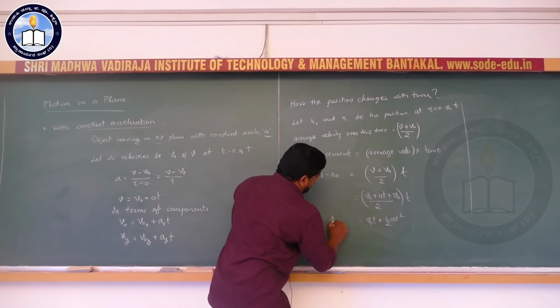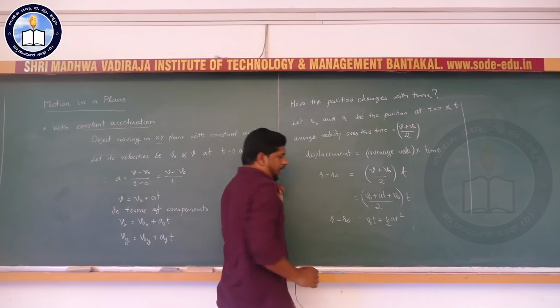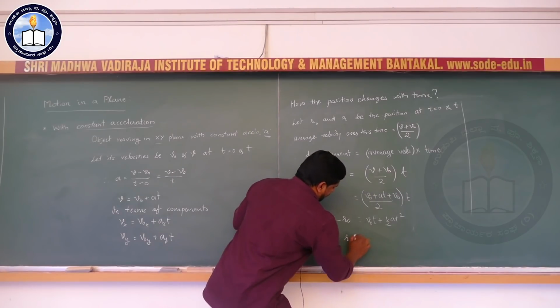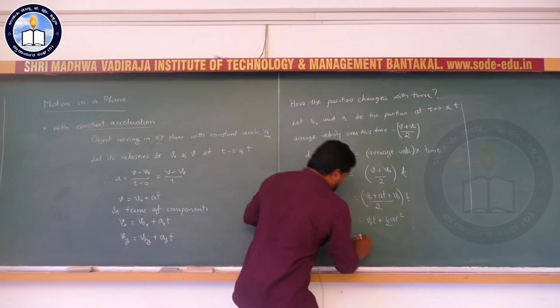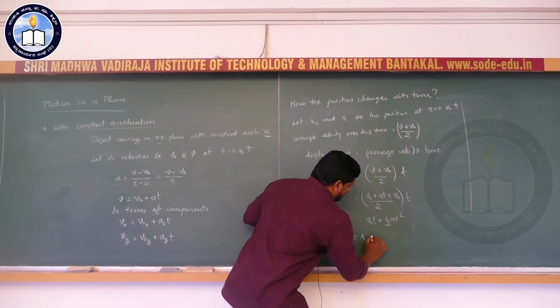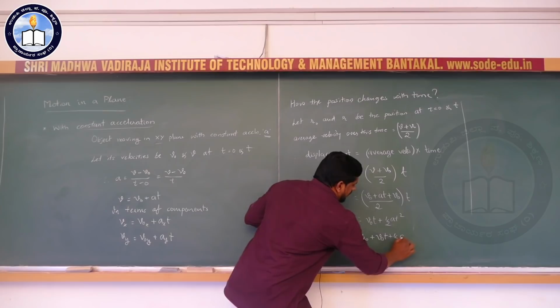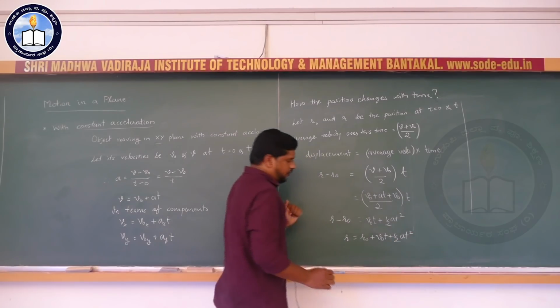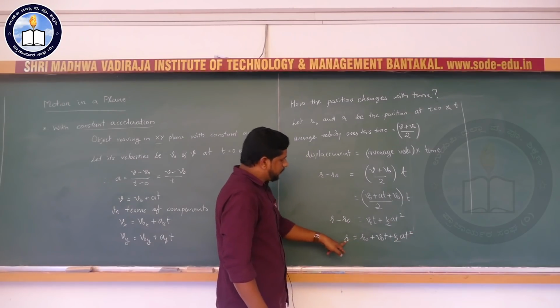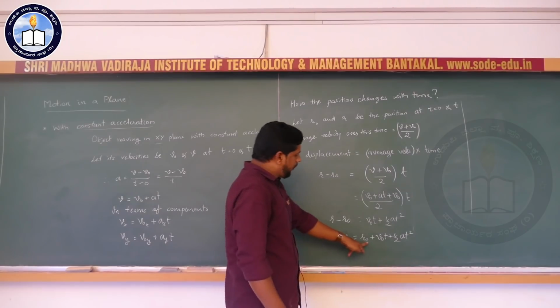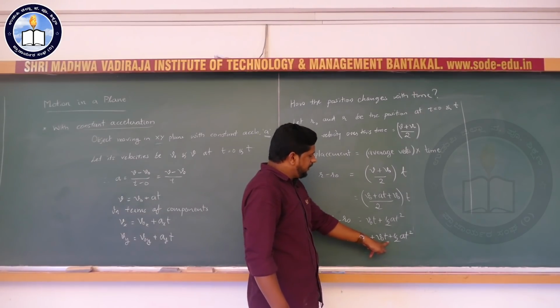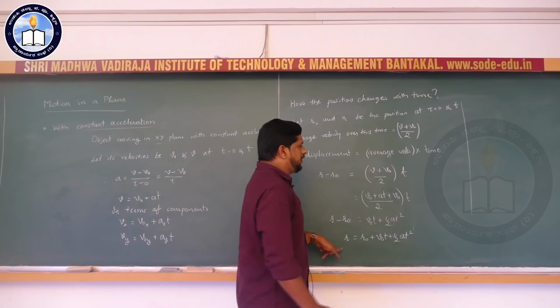This is what r minus r naught is. So r is equal to r naught plus v naught t plus half at square.